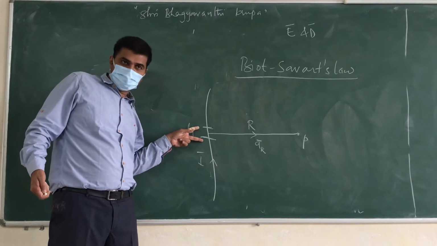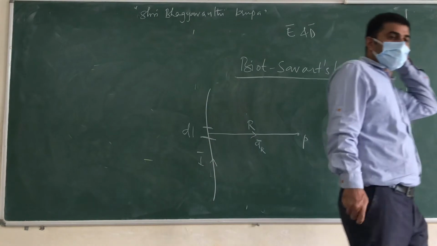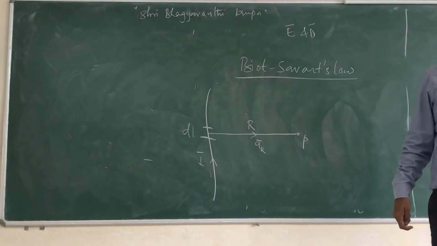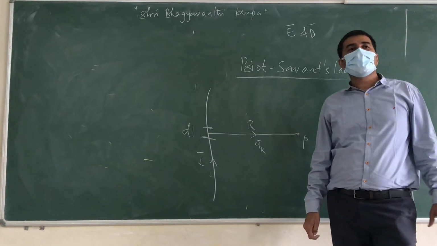Consider a current conductor through which current I is flowing.